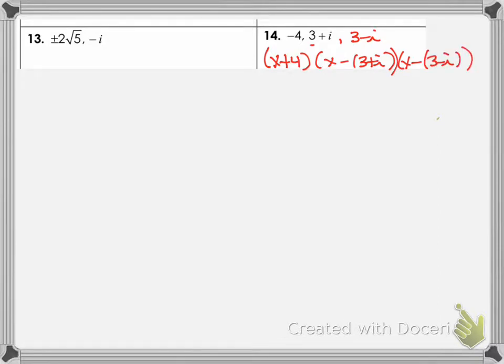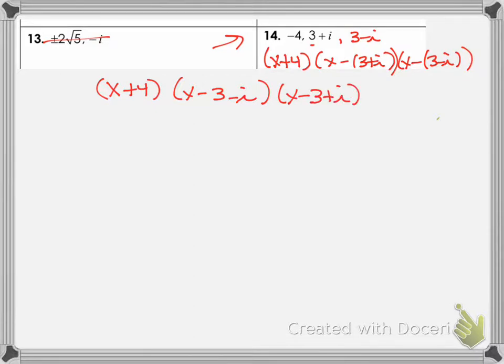So let's get rid of the parentheses so we can see it clearly. x plus 4, we're not doing this one, we're doing that one. x minus 3 minus i, and x minus 3 plus i. All right, so that's what I have. And all you do is the box method for this. x minus 3 minus i, x minus 3 plus i.